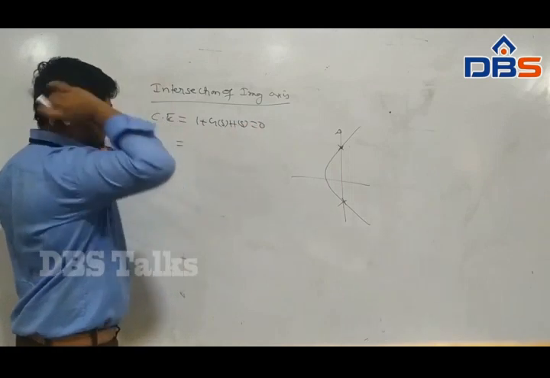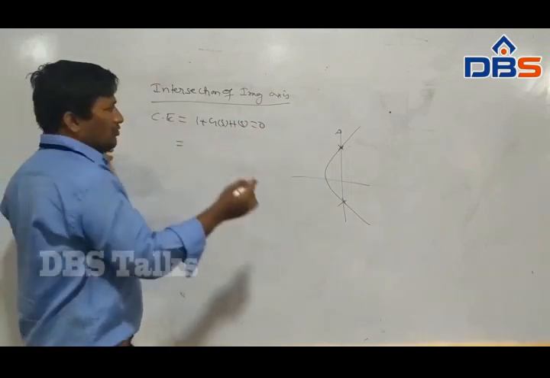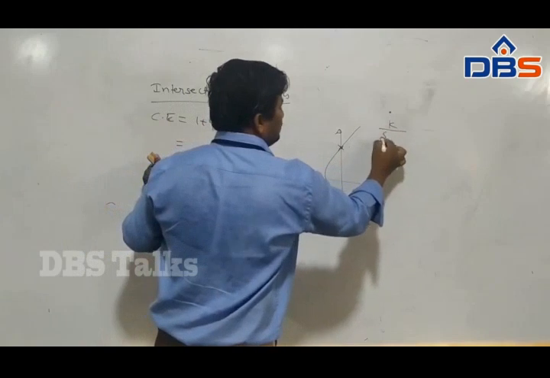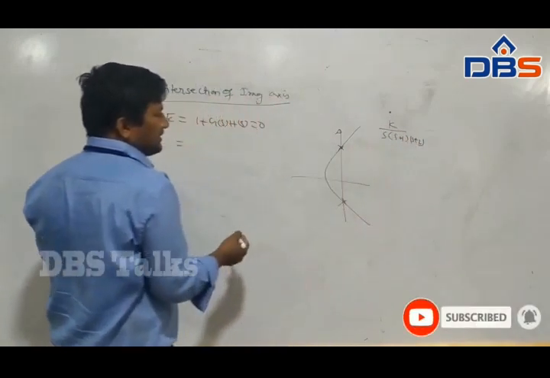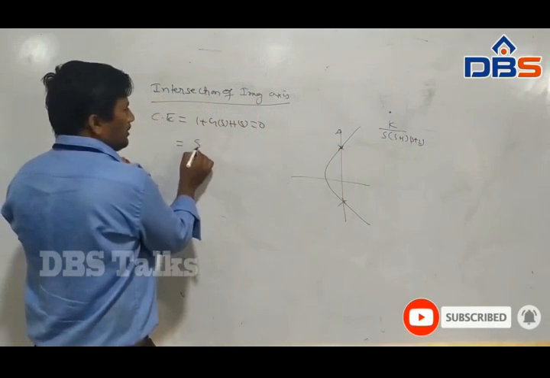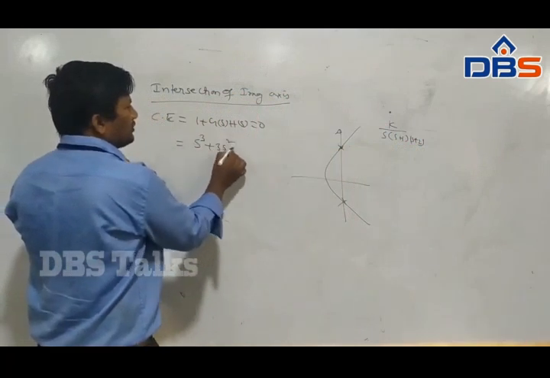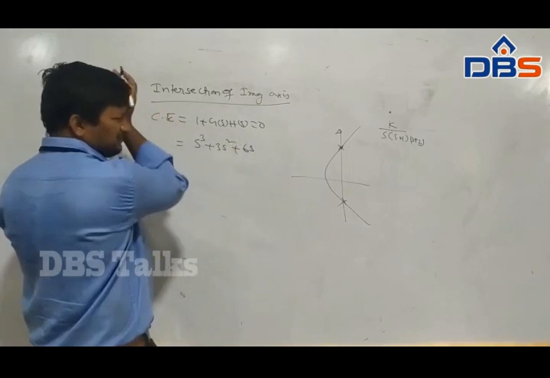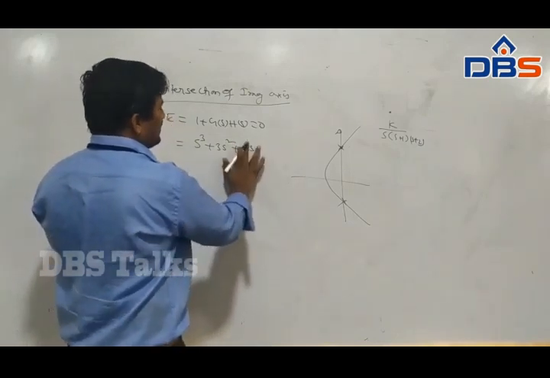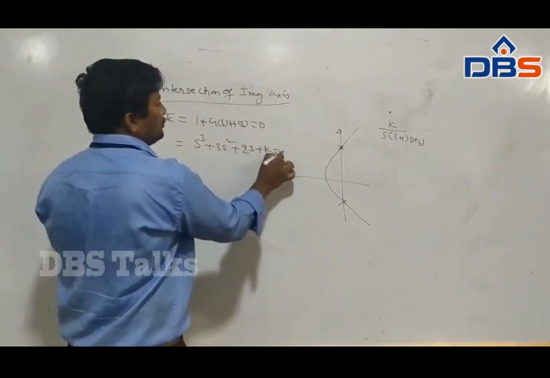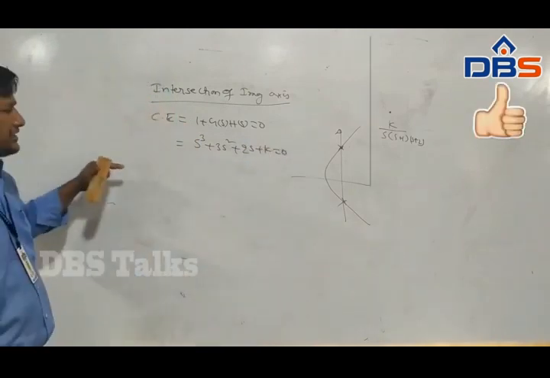Suppose I take the equation K by s into (s plus 1) into (s plus 2). Then the characteristic equation is s cube plus 3s square plus 2s plus K equal to 0.